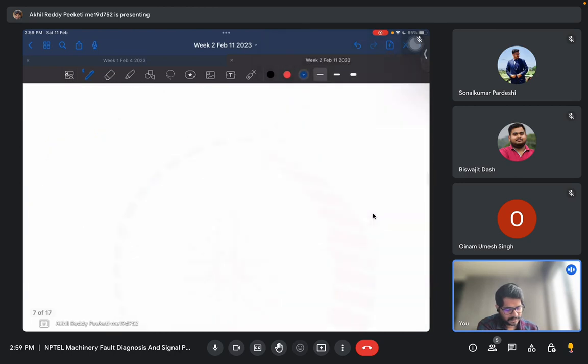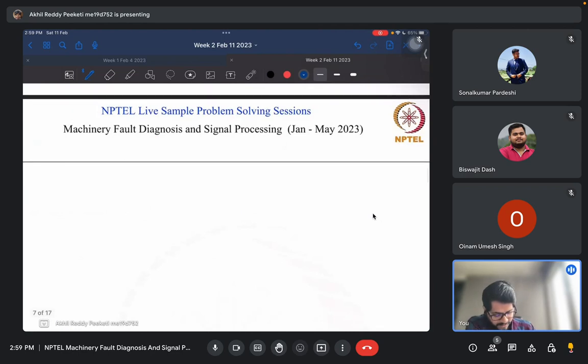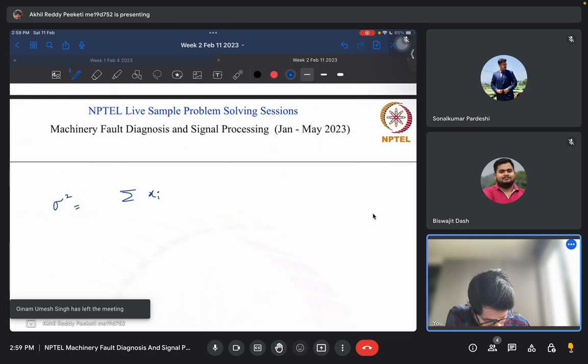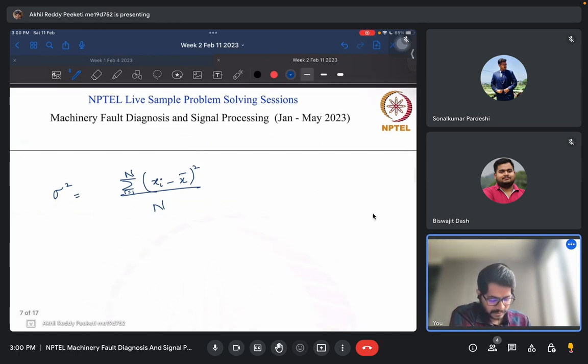And finally, what would be the variance and standard deviation? The variance for given data, in terms of the data points and the mean, you can estimate as sigma, the sum of the difference squares by the total number of data points.